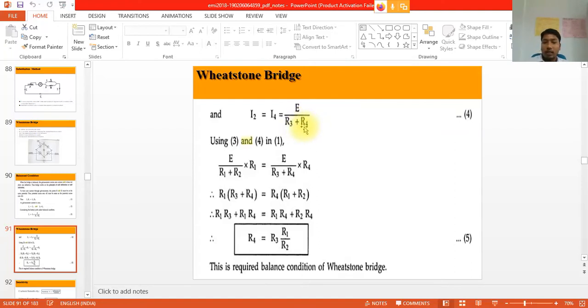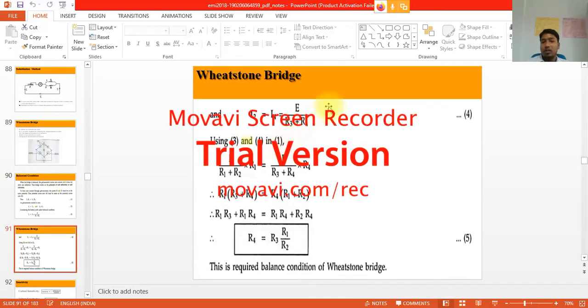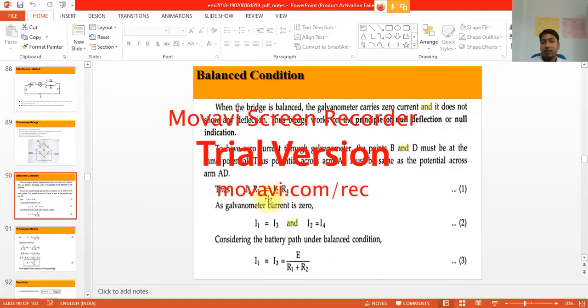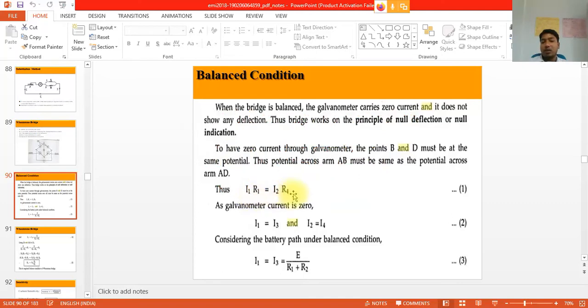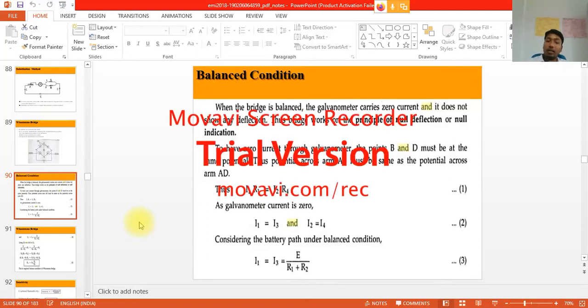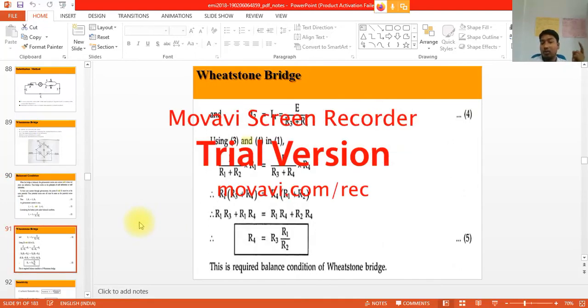Using equations 3 and 4 in equation number 1, where equation 1 is I1 R1 is equal to I2 R4, we replace the currents in terms of voltage and resistances. Then we will get the resistance ratio, or cross-arm resistance ratio.